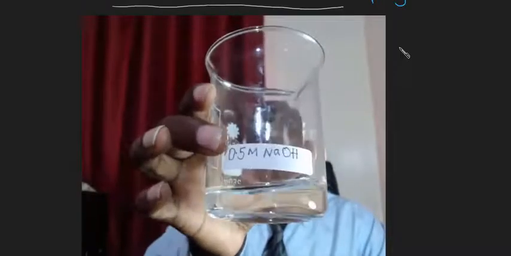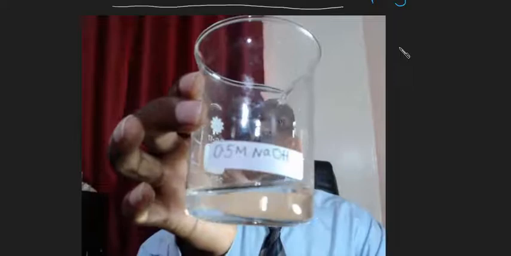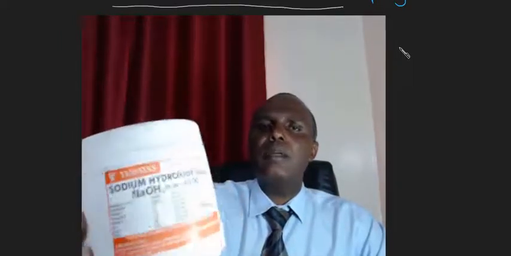That is not the only way we quantify substances in chemistry. Many other times in chemistry, we have substances which are in solution form. Like, for example, this is sodium hydroxide, which is in solution form. Sodium hydroxide is an ionic substance.